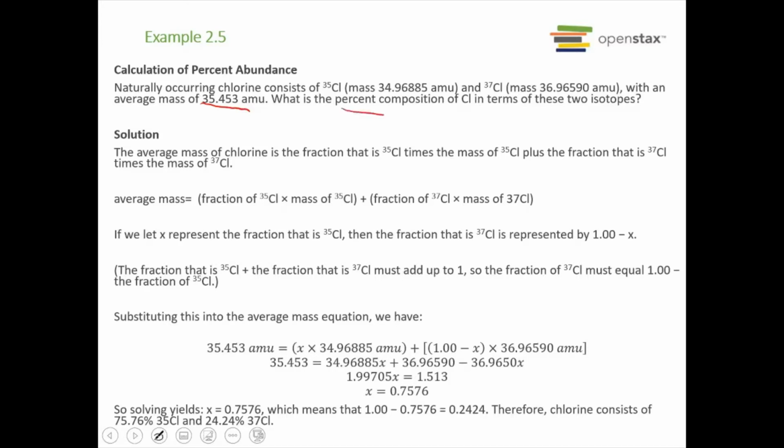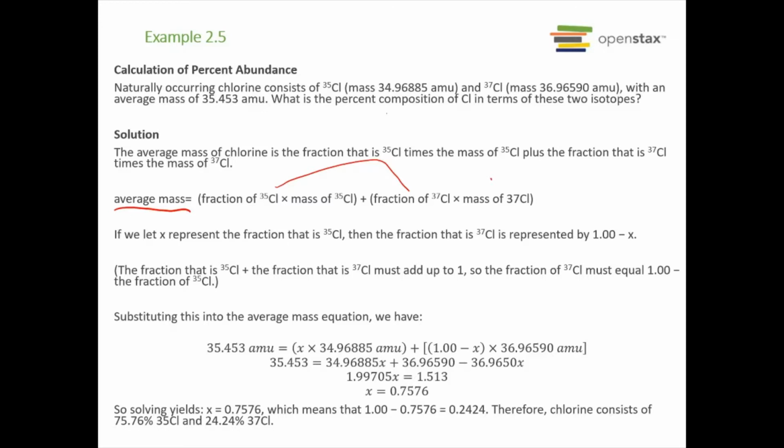And I want to know the percent composition of chlorine in terms of these two isotopes. So remember, the average mass is the fraction of each one times its mass, added up. Let's say we don't know the fractions of each one, but we do know that the two fractions of 35 and 37 add up to 100%.